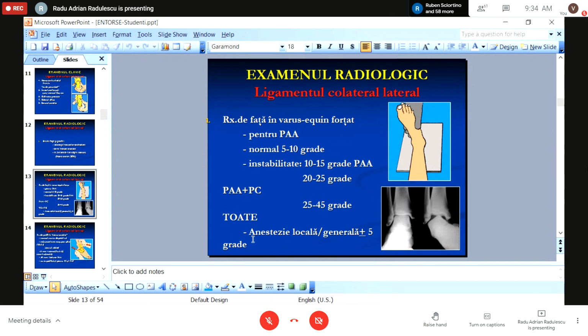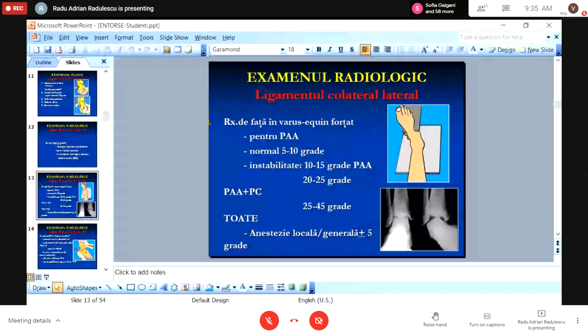Of course, this forced position is possible only by putting the patient under anesthesia. Any type of anesthesia, like general, regional, epidural, doesn't matter. It's not us who decide the type of anesthesia, but the anesthesiologist.